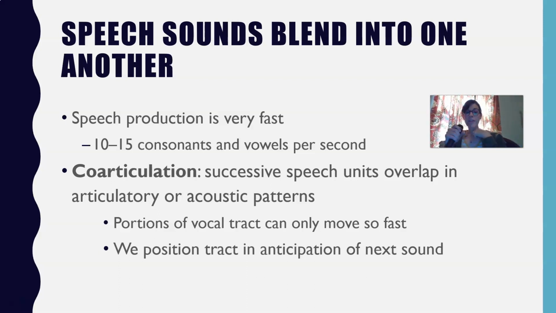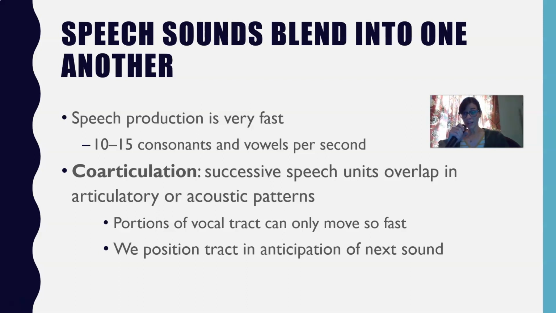The reason is that when we form the B sound, our mouth is already starting to change shape in anticipation for the I sound in bill and the ah sound in ball. And so the B in bill and the B in ball don't actually sound the same.